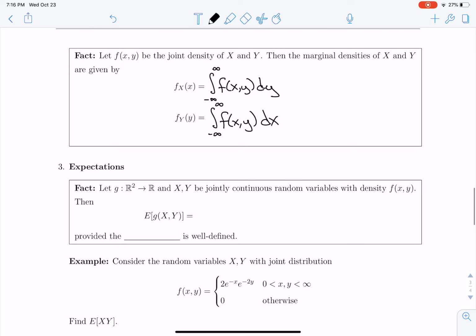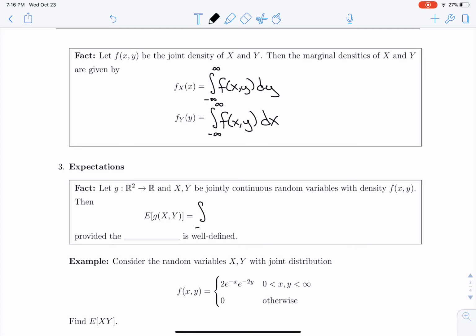Now that we know something about marginal densities, we should figure out how to compute expected values with jointly continuous random variables. So we're going to let g be a function from R2 to R, so that it's a function of x and y, and x and y be jointly continuous random variables with a density f of xy. So what is the expected value of g of xy?